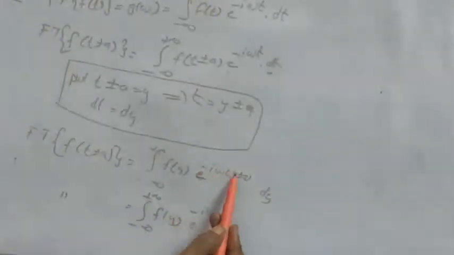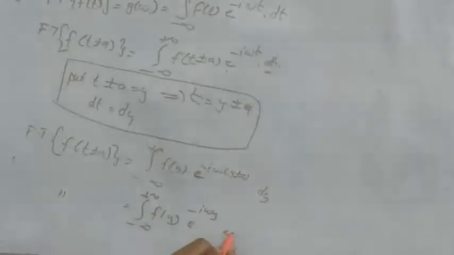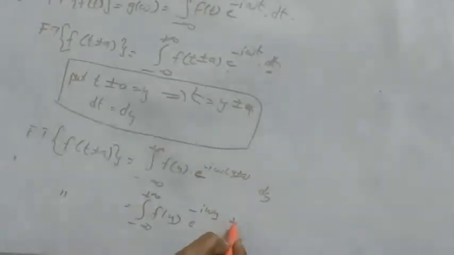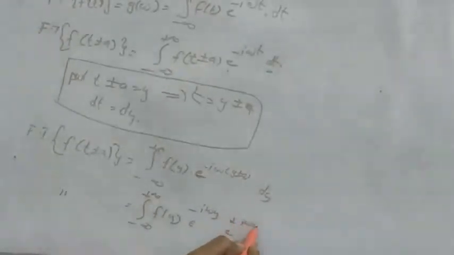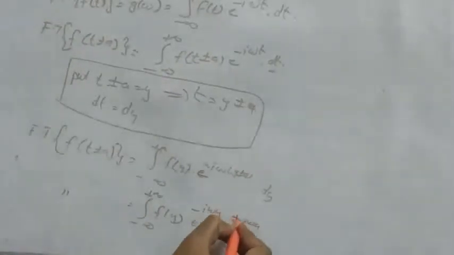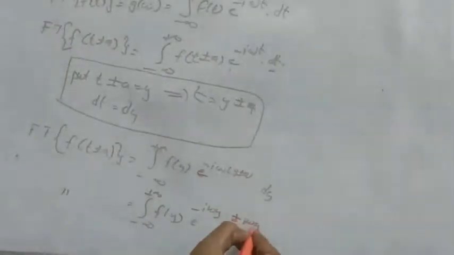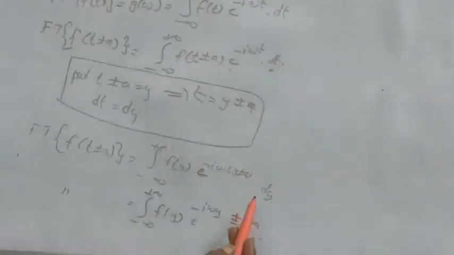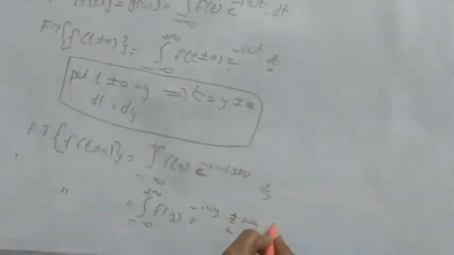Okay, just I have multiplied minus i omega into y. Next, into e power, okay, plus or minus i omega a, plus or minus i omega into a here. And dy is like that only.